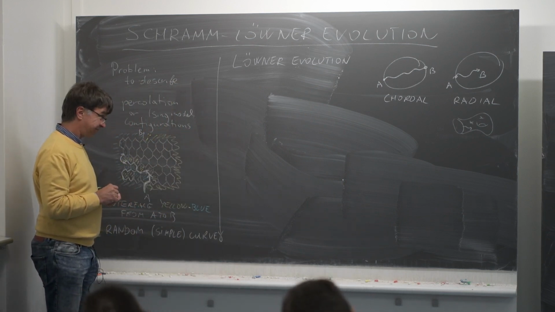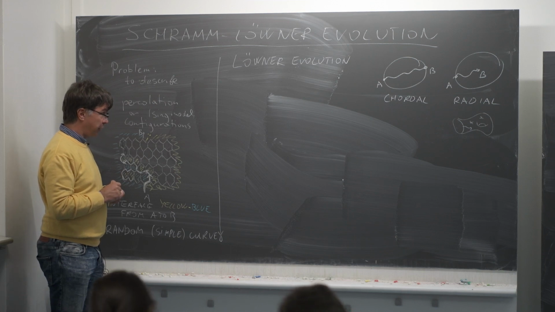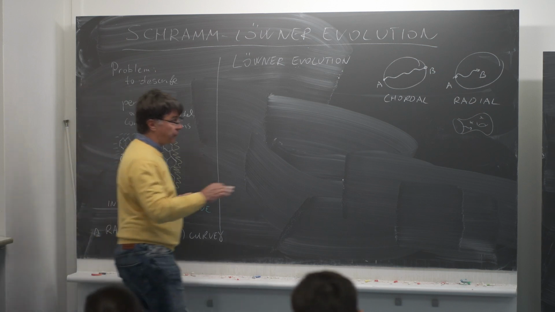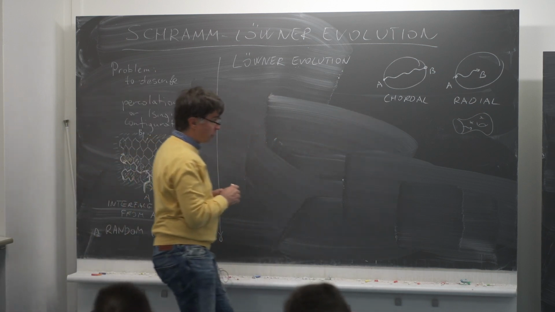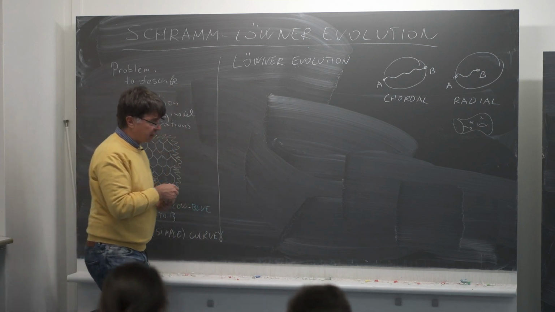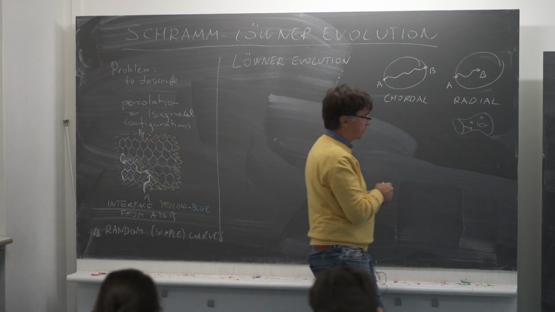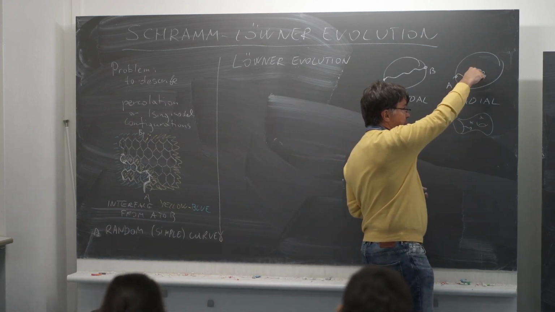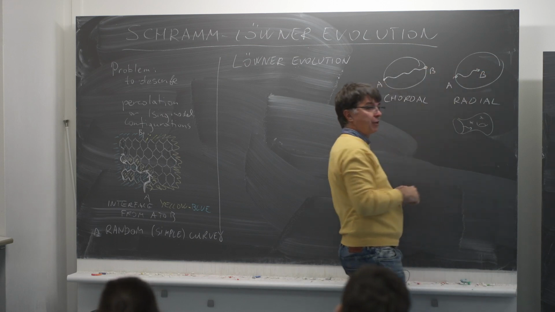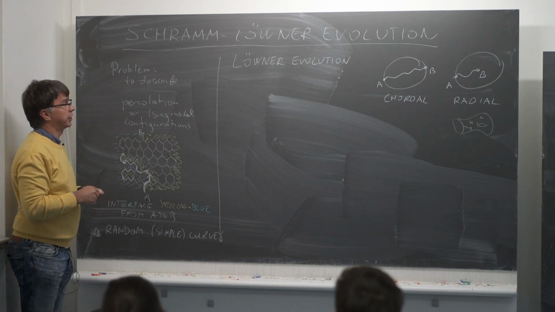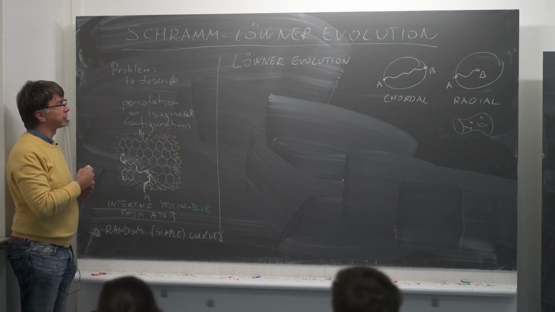So it's significantly more complicated, and there is no canonical way to do it. So we'll do first the chordal case. It's more interesting for our purposes, though radial is slightly easier because you can use all the distortion theorems around point B, which is inside, and here point B is on the boundary. So the distortion theorems are slightly more difficult, and maybe I'll cheat my way out of it.